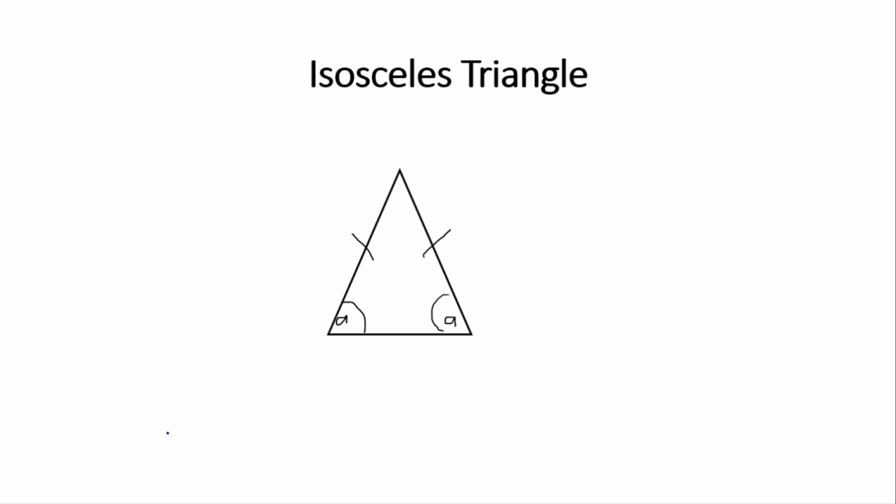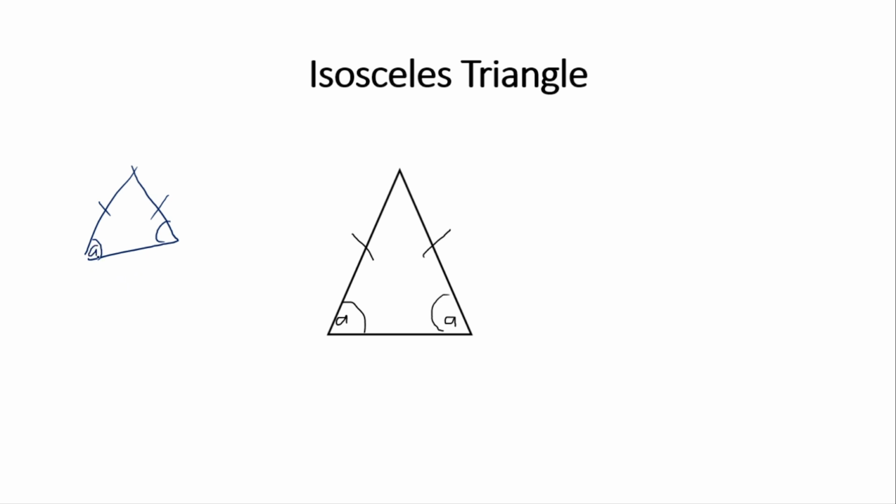The next one is the isosceles triangle. An isosceles triangle is a triangle that has two of its sides to be the same. So anytime you have a triangle and two of its sides are the same, then you see that that is an isosceles triangle. Because the two lines are the same, the angles that are formed at the bases are the same.